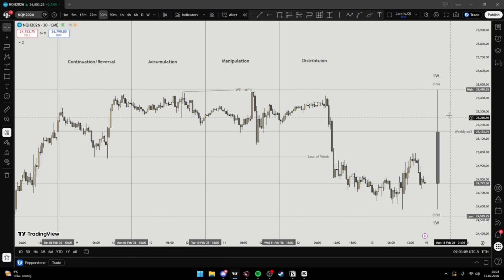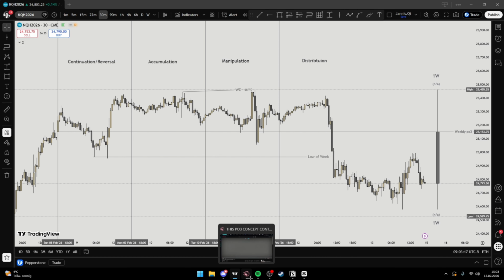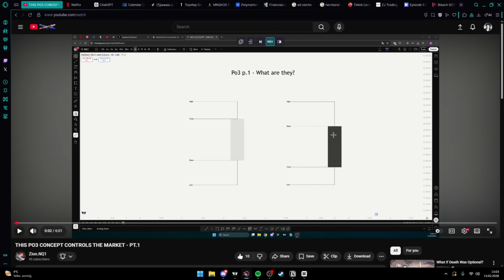If you look on the right of the chart, we have the weekly PO3 candle, so just the weekly candle. And what do we have here? As I said in Zion's video, we have a bearish open high low close, and on the bullish example it is an open low high close.